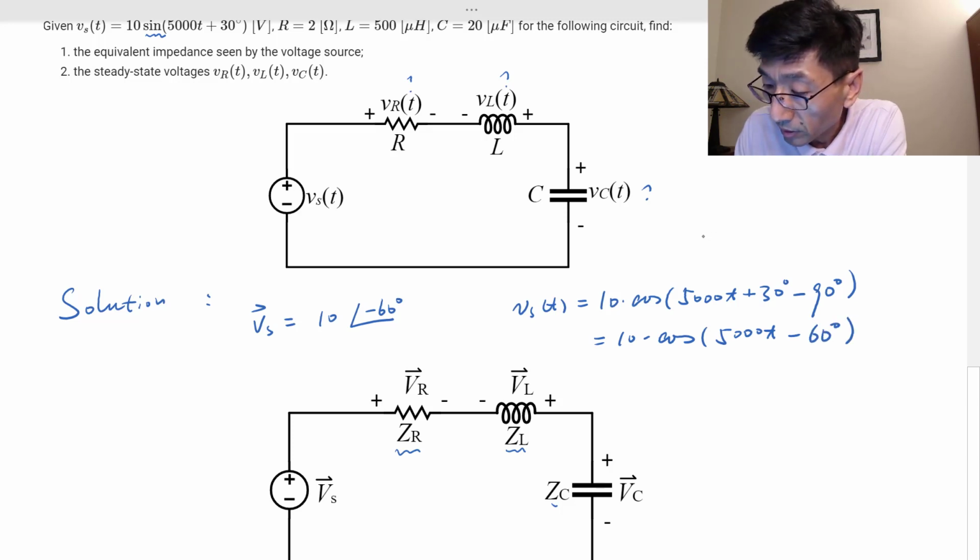Here we use the trig identity: sine x is equal to cosine of x minus 90 degrees.